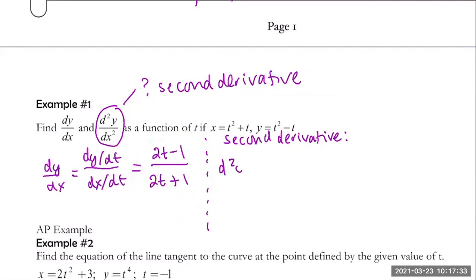So I'm going to use the notation just so we get used to it. This is the second derivative. And then see if you remember low d high minus high d low.